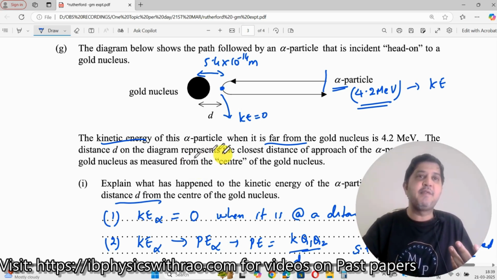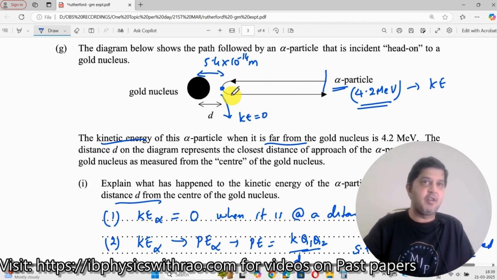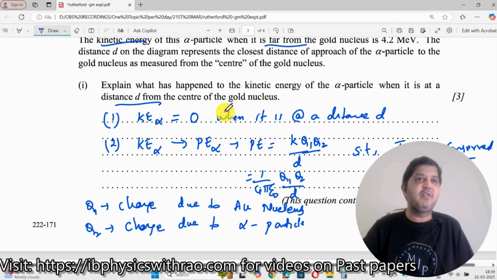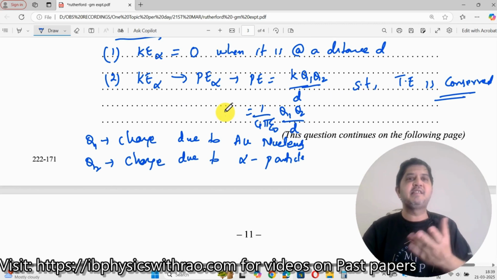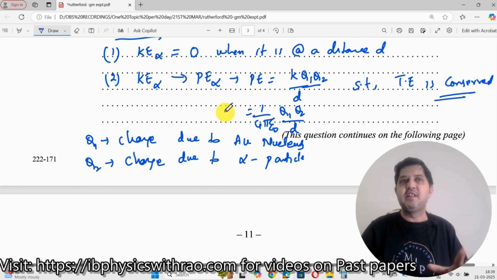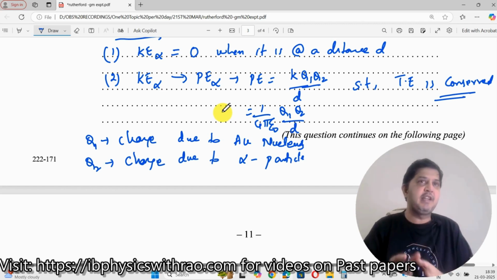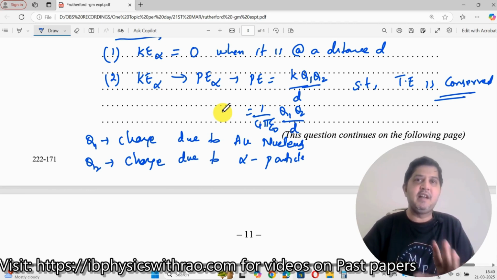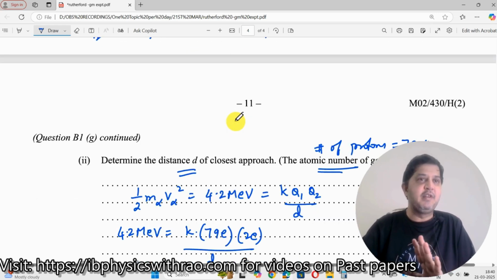Thus kinetic energy gets converted into potential energy, we saw conservation of energy, and finally we found the distance of closest approach. The entire nuclear physics of the Rutherford model has been covered using only mechanics, electrostatics and vector diagrams. I hope you have enjoyed doing this question.